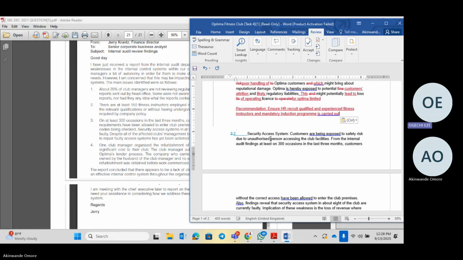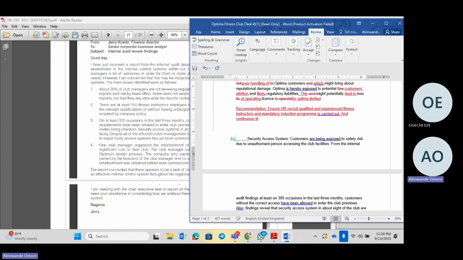Then for the existing staff, yes, continuous training. Mandatory induction program and continuous training for existing staff. Do you get it now? Yes.